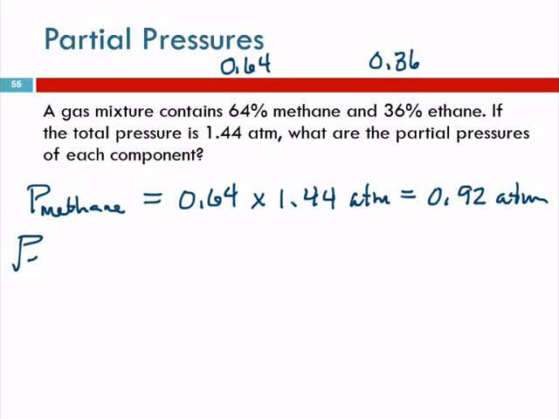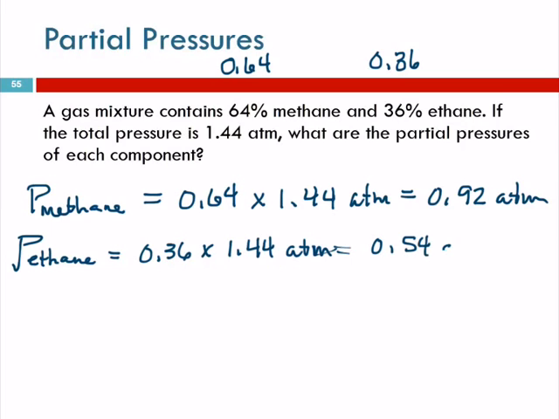And the pressure from the ethane is going to be 0.36 times 1.44 atmospheres. These are partial pressures. So that equals 0.54 atmospheres. No, 0.52. I didn't think that was right.